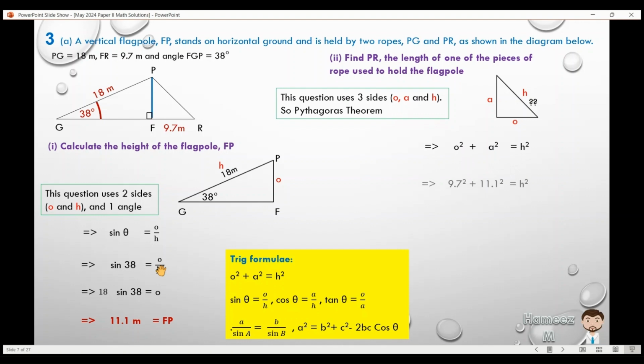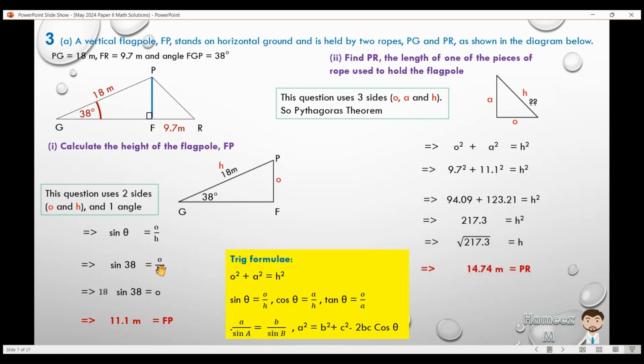We can simply substitute: 9.7 squared plus 11.1 squared is equal to H squared. So 94.09 using our calculators plus 123.21 is equal to H squared. That works out to be 217.3 is equal to H squared. So H is the square root of 217.3. So H, which is PR, the length of that rope, is 14.74 meters.